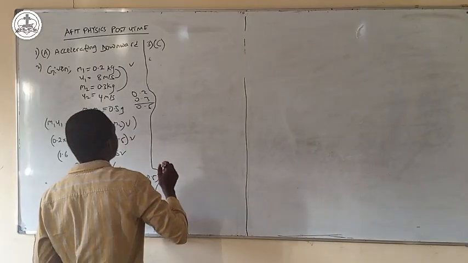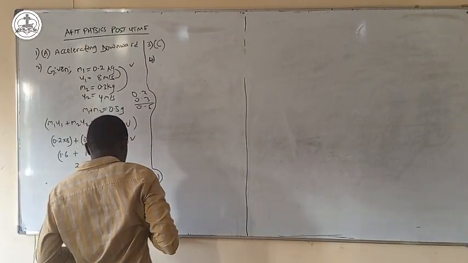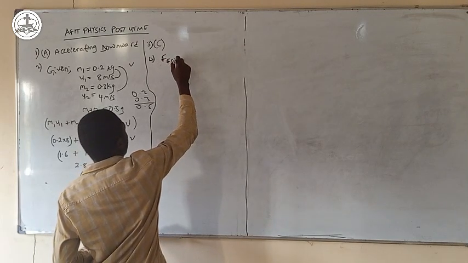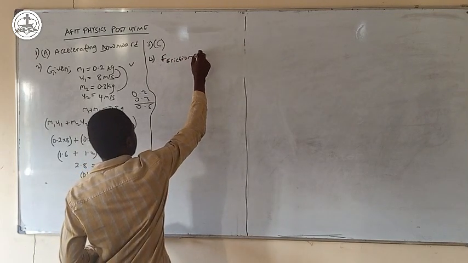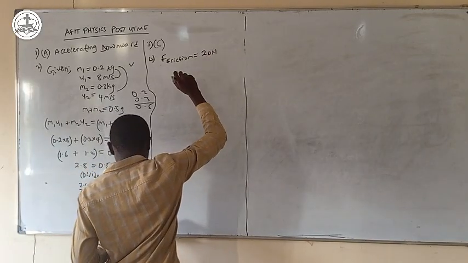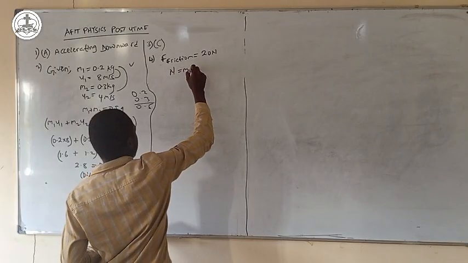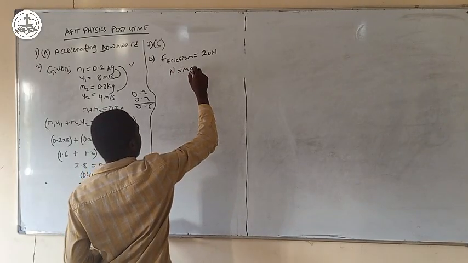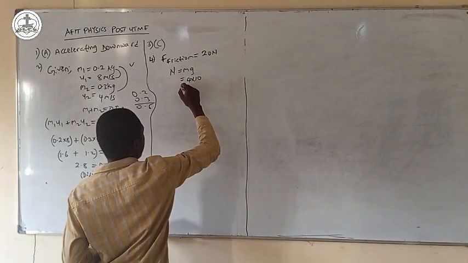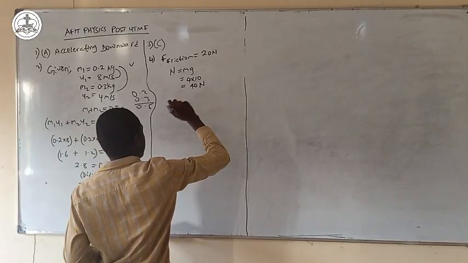So we first find the limiting friction. Question 4. For the limiting friction, F friction is equal to 20 Newton. And N is equal to mass times gravity, which is equal to 4 times 10, which is equal to 40 Newton.